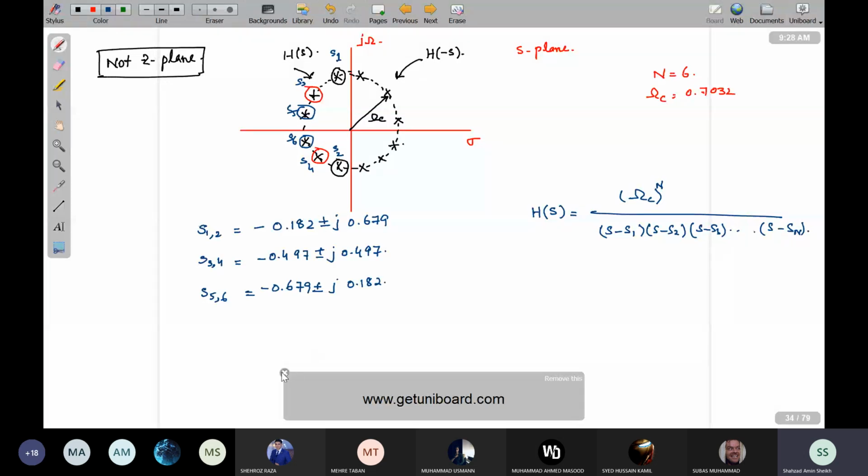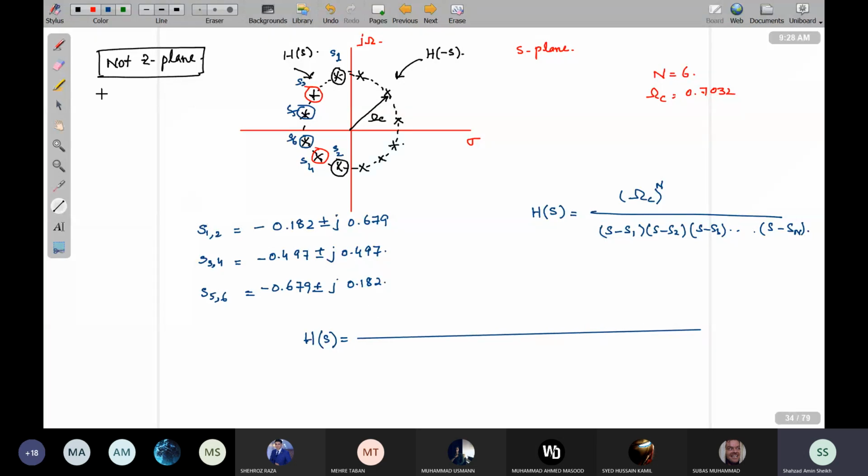In this case we have 6 poles, so when you solve it, you will end up with H(S) equal to 0.12093, which comes from 0.7032 raised to power 6, and then you will have the quadratic second order terms, because combining S1 and S2, S3 and S4, S5 and S6, you will have second order terms, 0.3640 S plus 0.4945, something like that, and three such terms.